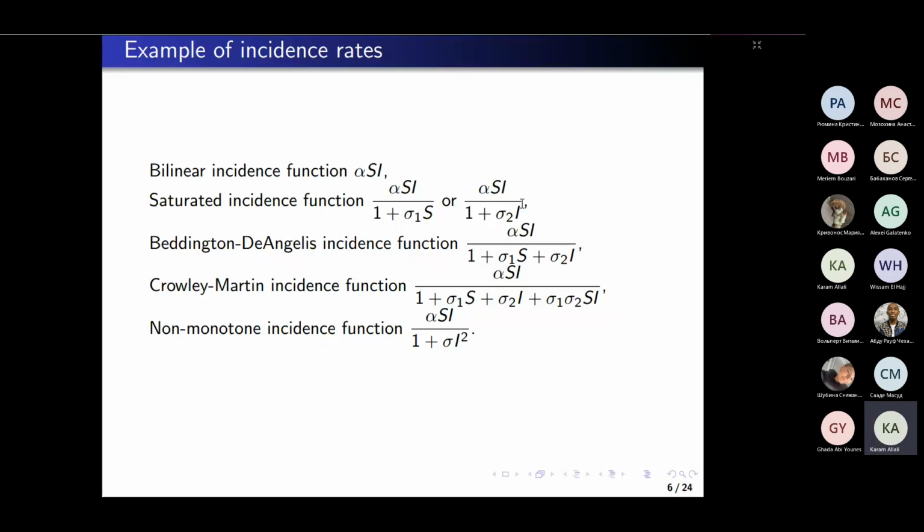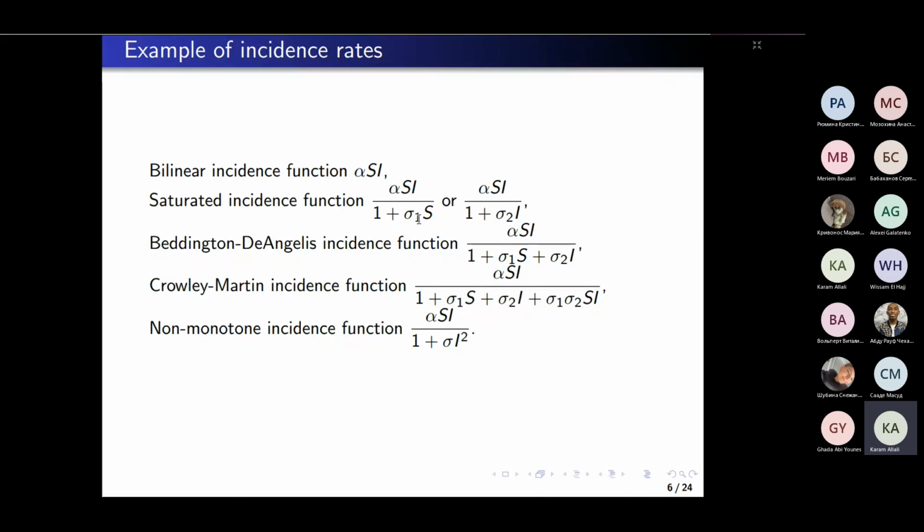Here we have the Beddington-DeAngelis incidence function. It takes into account the two kinds of saturated incidence function. In this form, we take the form of the first saturated incidence rate and the form of the second saturated rate, so we can add both of them.